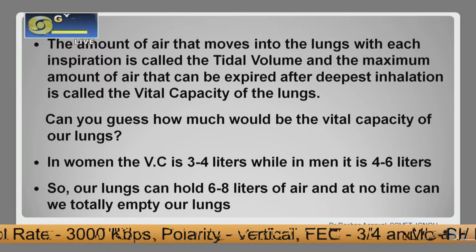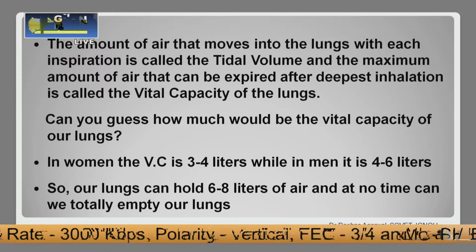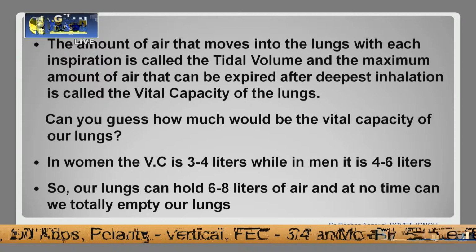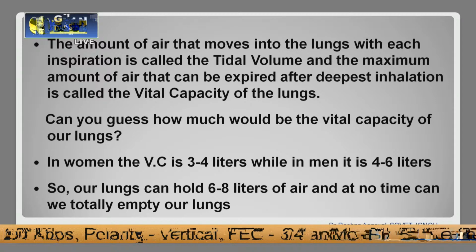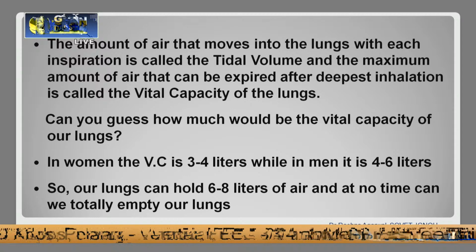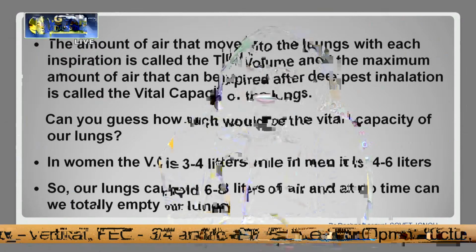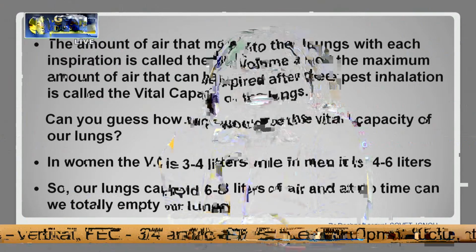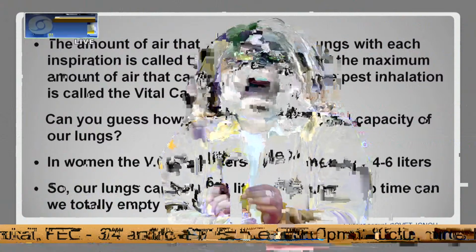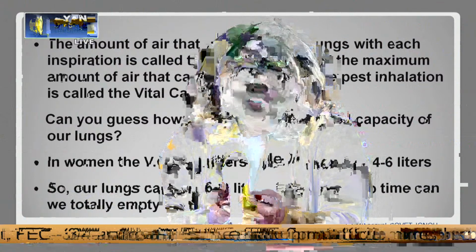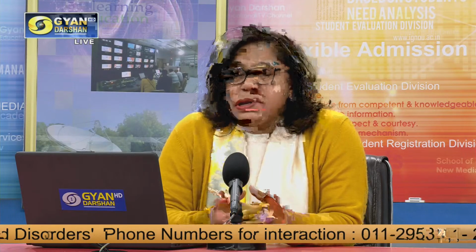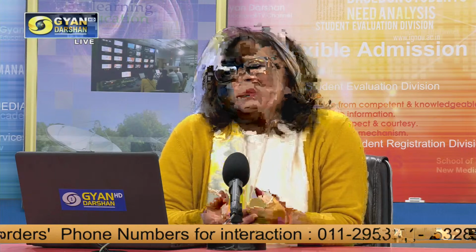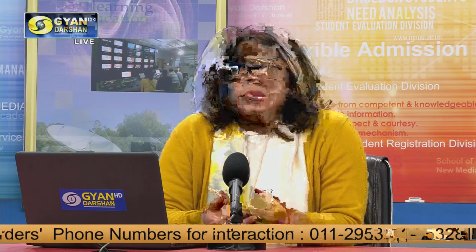Normally in women, vital capacity is about 3 to 4 liters, and in men it is about 4 to 6 liters. Our lungs can accommodate a maximum of 6 to 8 liters, but if somebody has a lesser lung capacity, then maybe it is around 4 liters.